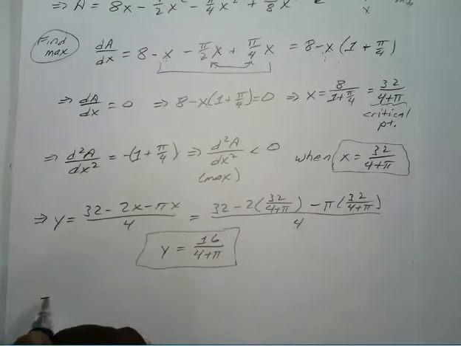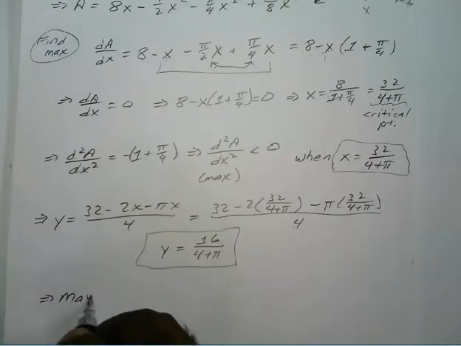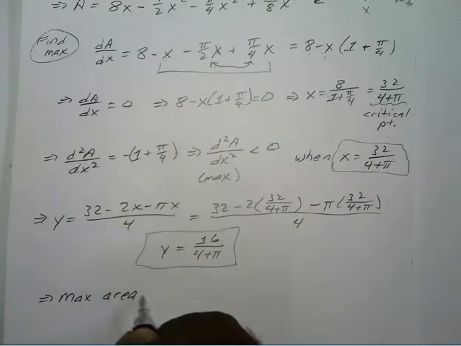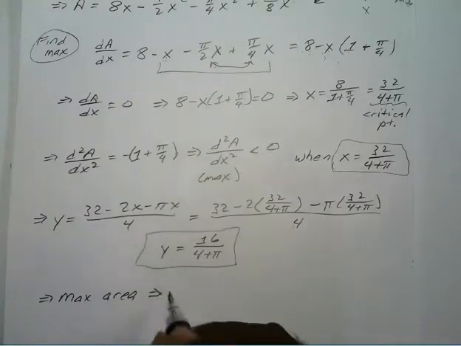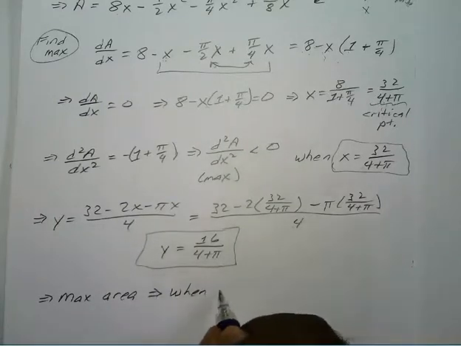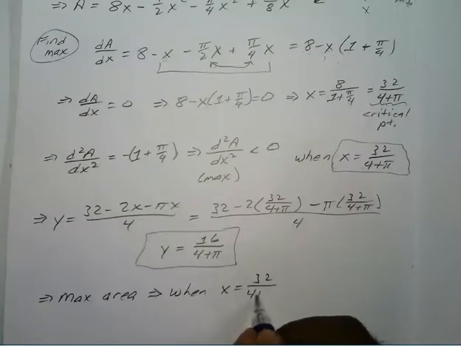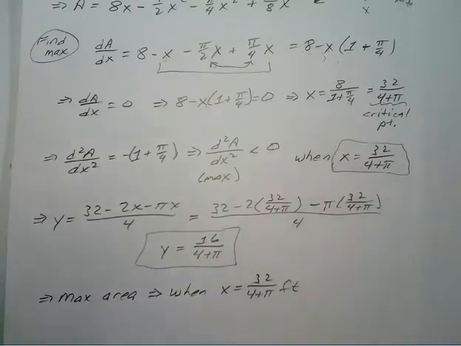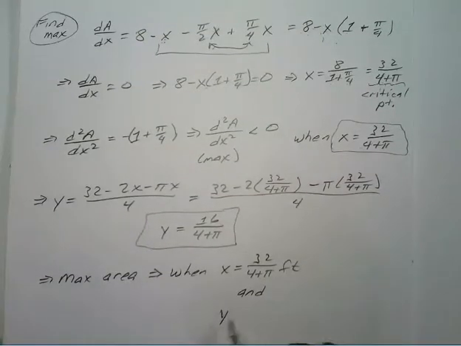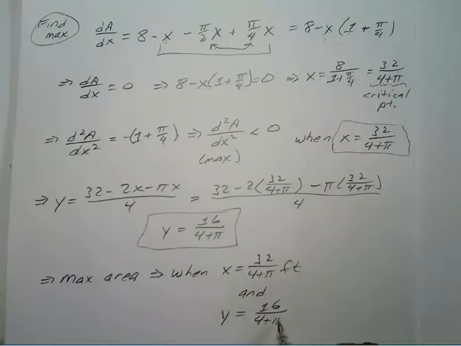All right, so that means your maximum area, you get that when x is equal to 32 over 4 plus pi feet, and y is equal to 16 over 4 plus pi feet.